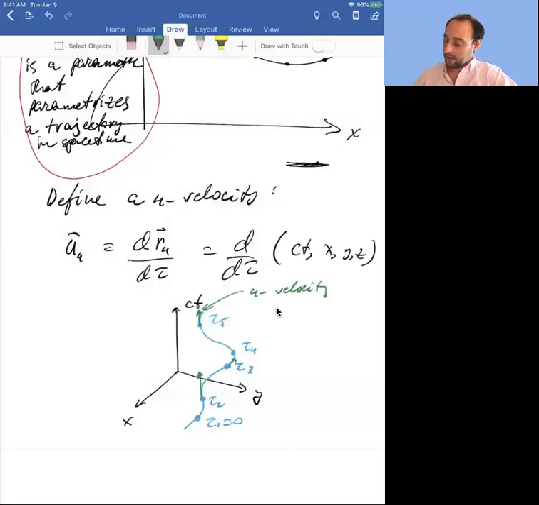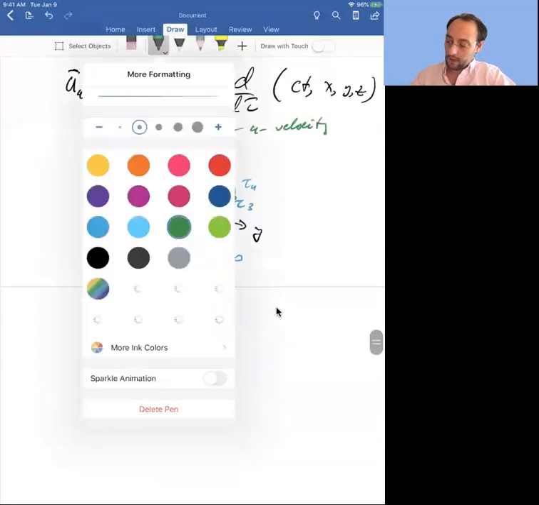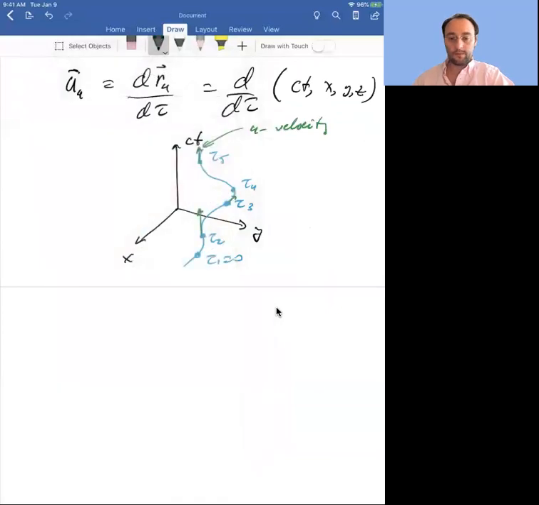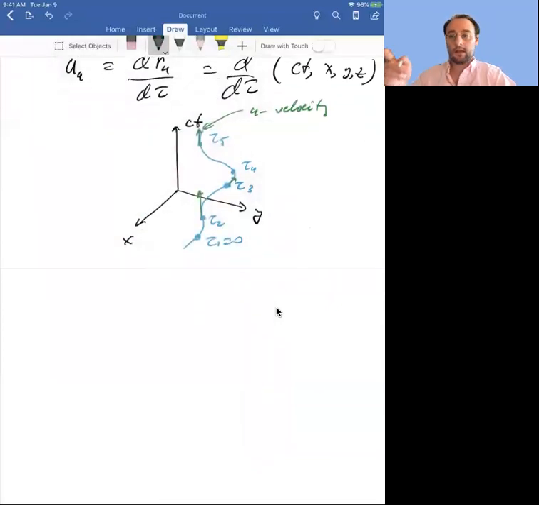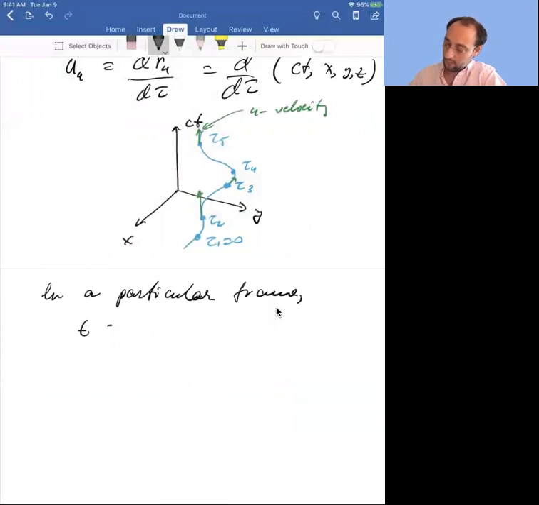Now, when analyzed in a particular frame, we know how to relate the time span in that frame to the proper time. Time dilation.